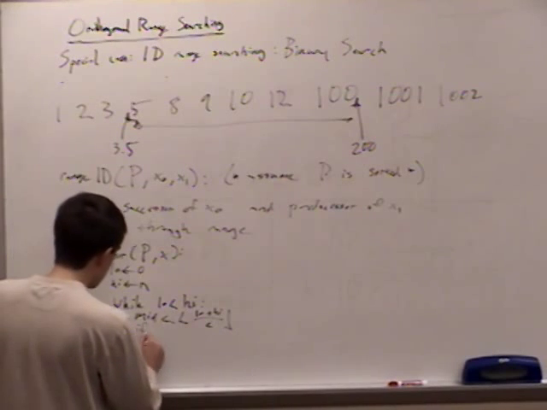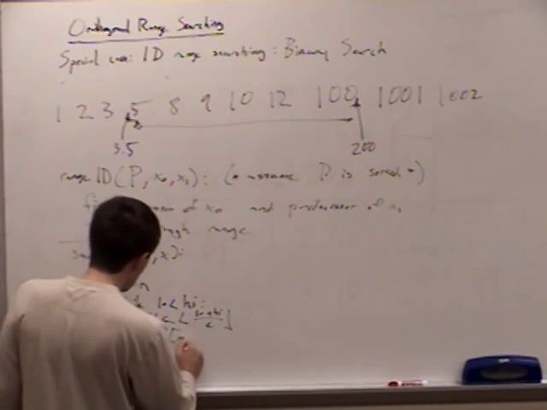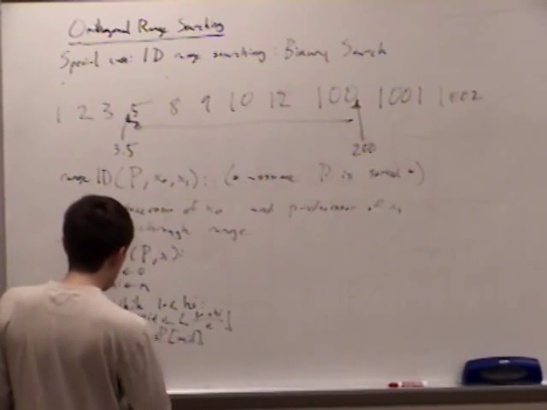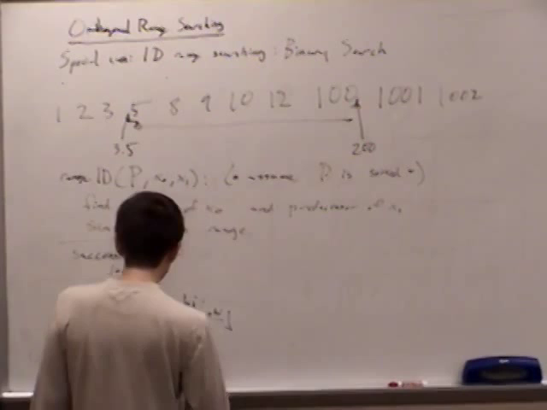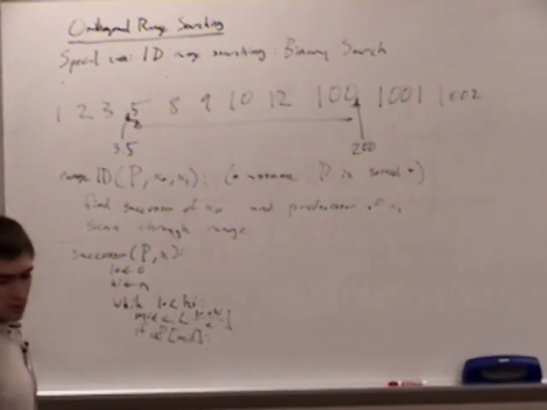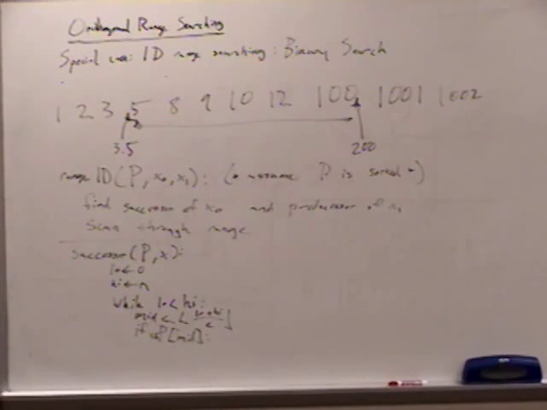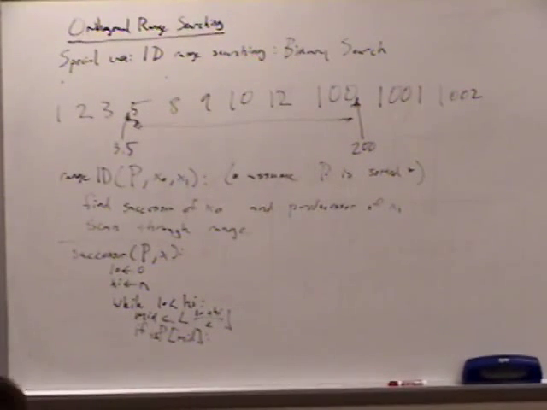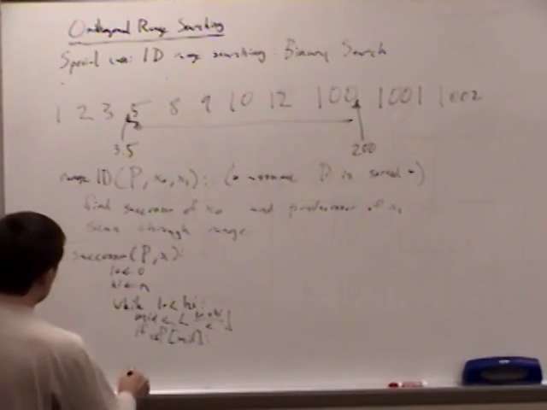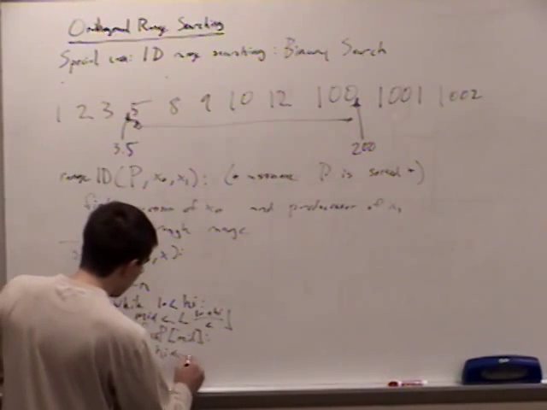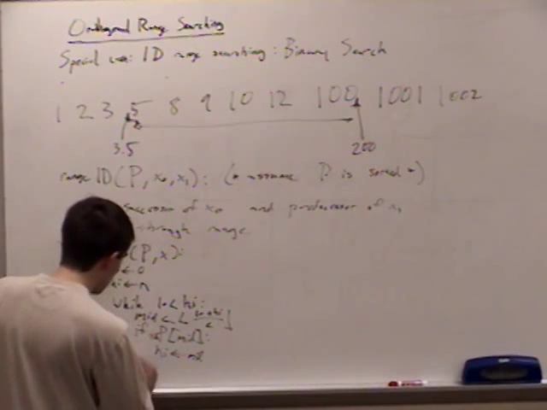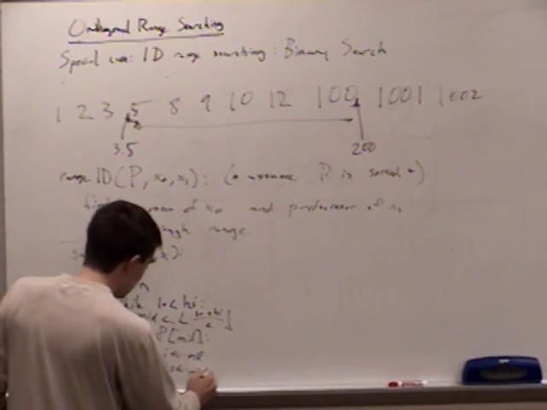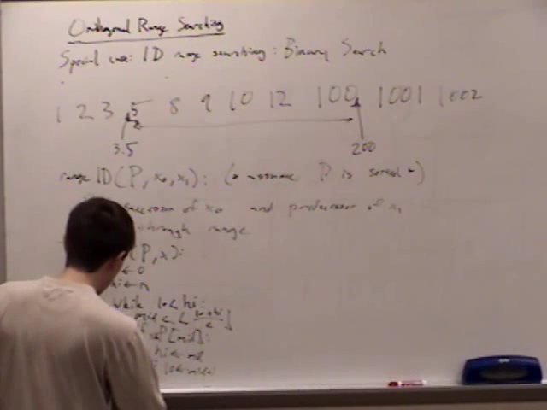And then we'll say if X is less than or equal to P of mid. Let me double check that I wrote that right. This is always the one where you need to make sure you have it the correct way. Yeah, okay. Then we'll set high to mid. Otherwise, low becomes mid plus 1. And then when we're all done, we return high.